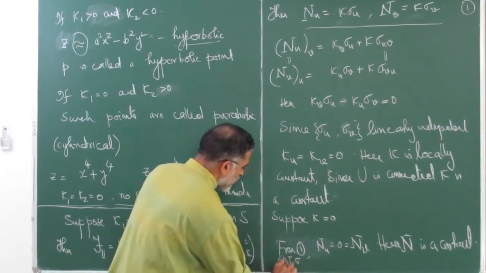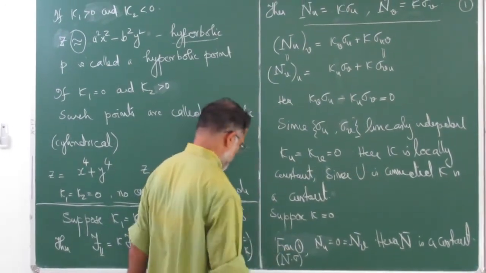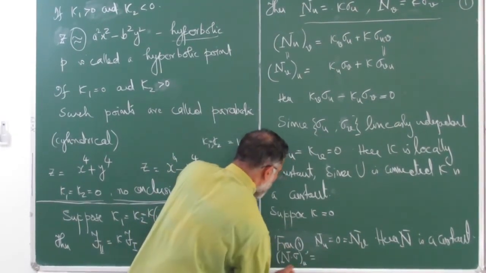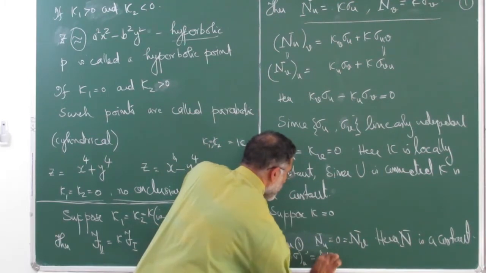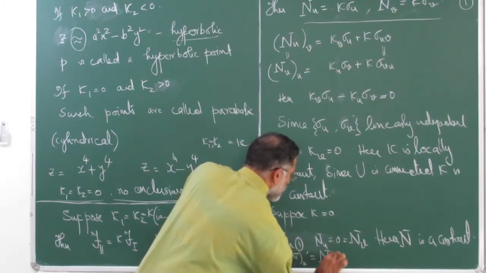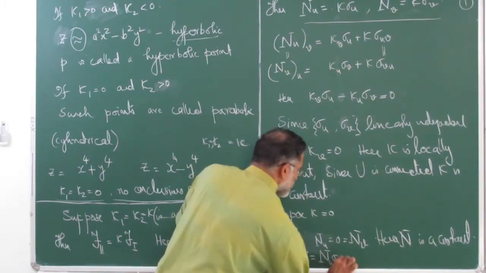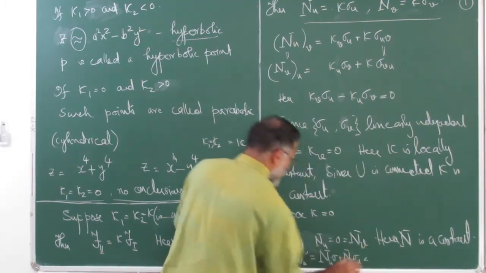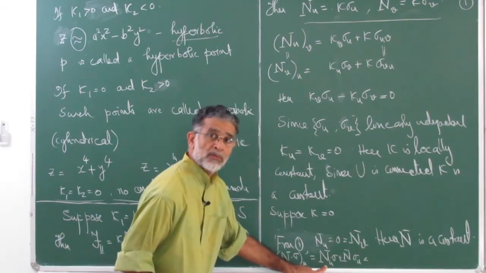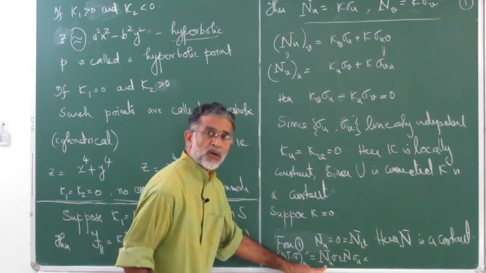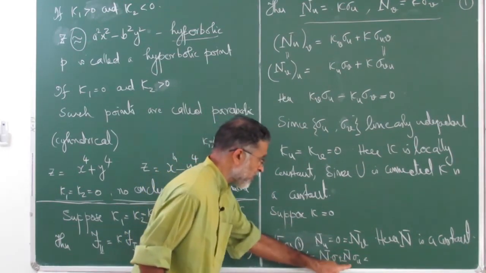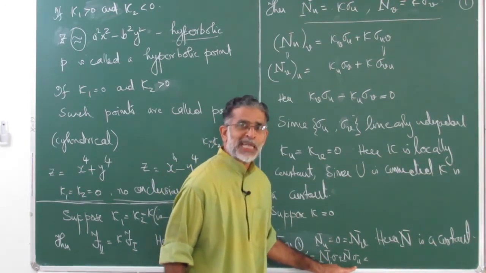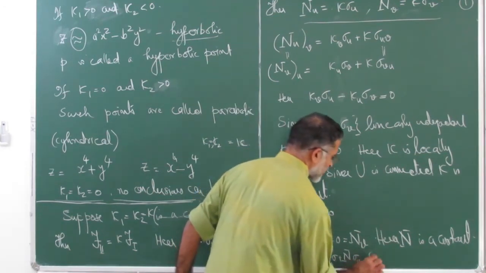The derivative with respect to u is N_u dot sigma plus N dot sigma_u. N_u is 0 because N is a constant. The normal is always orthogonal to sigma_u because sigma_u is a tangent vector. So this is 0.